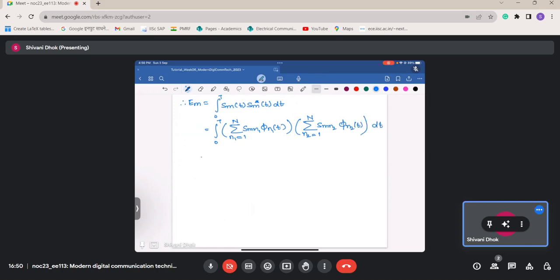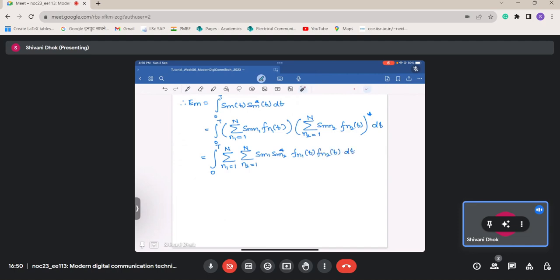dt. And this I can write as integral from 0 to T summation n1 equal to 1 to capital N summation n2 equal to 1 to capital N, and this is whole conjugate, SMn1 SMn2 conjugate, sorry, this is f not phi, fn1(t) into fn2(t) dt.